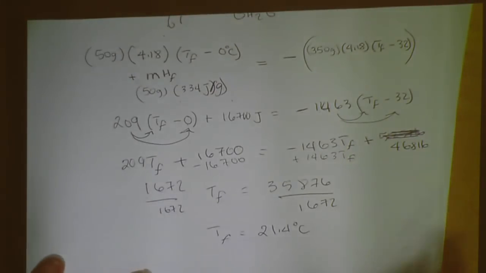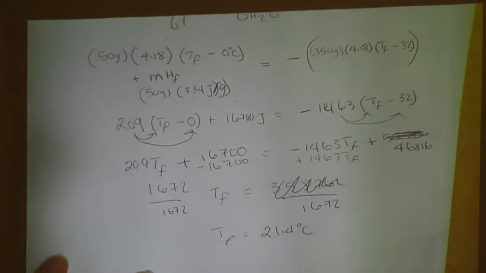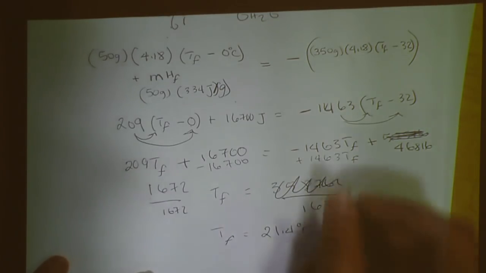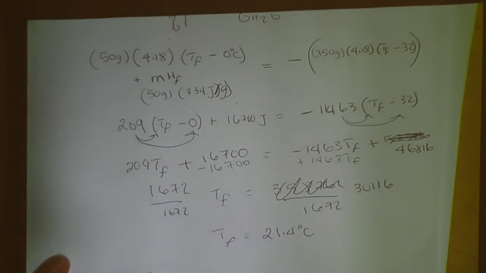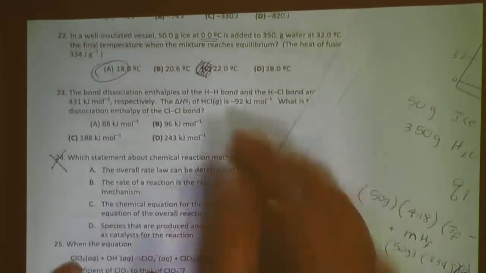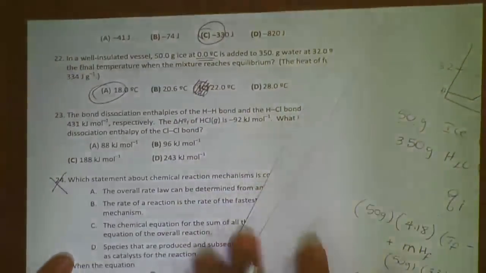So the trick here, that makes more sense. 4, 6, 6. Yep. Yeah, my mistake. 21 is the one that's C. Excuse me.